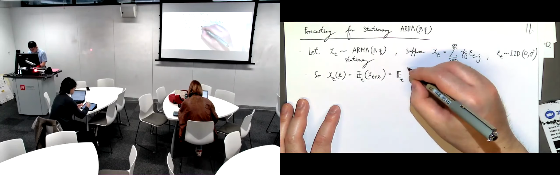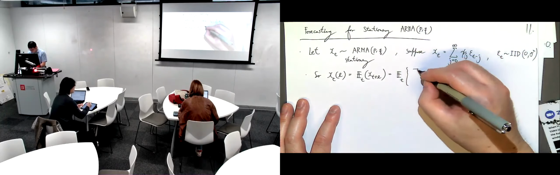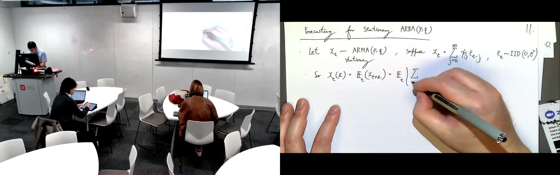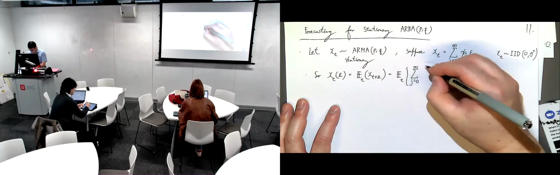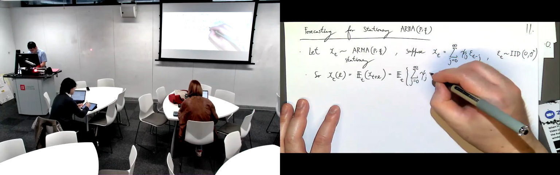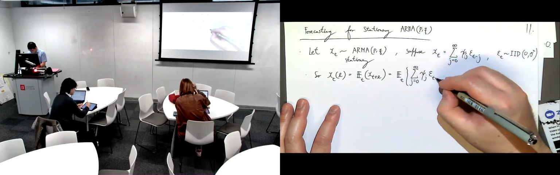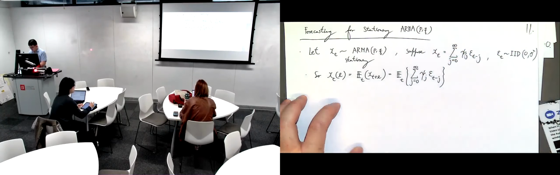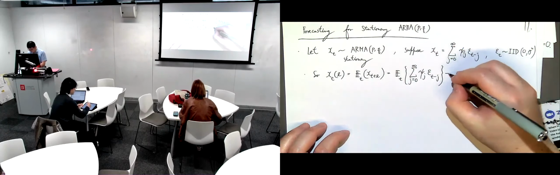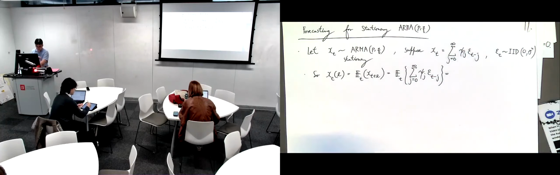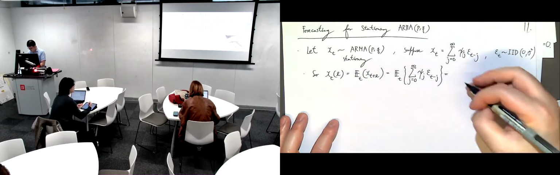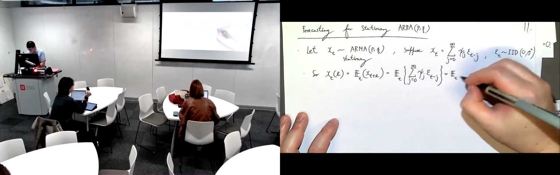And that will be E sub t of this whole sum, right? It's j from 0 to infinity of psi j epsilon t minus j. That's the MA infinity form. Now this MA infinity form can be decomposed into two parts.